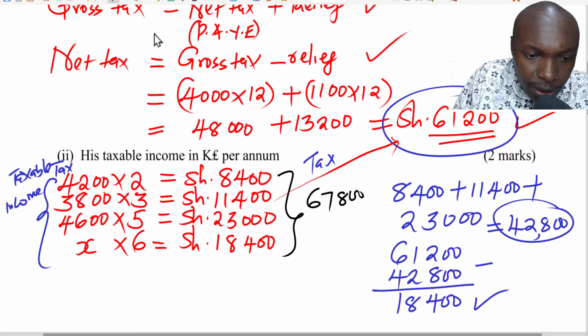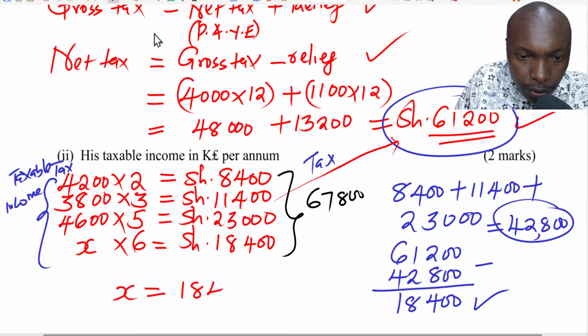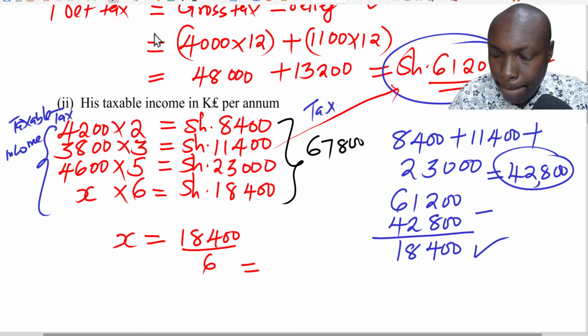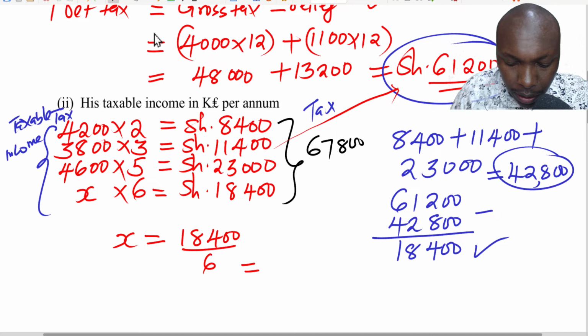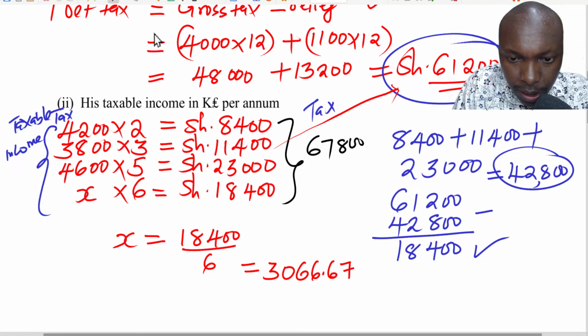And when you work out these, you notice that X will be 18,400 divided by 6, and this will give 3,066.67.